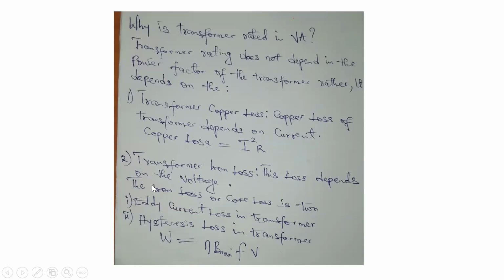These core losses are in two sections: the eddy current loss and the hysteresis loss. And this is the power loss for the hysteresis, which involves the Steinmetz constant, the magnetic flux density, the frequency, and the volume of the core material.